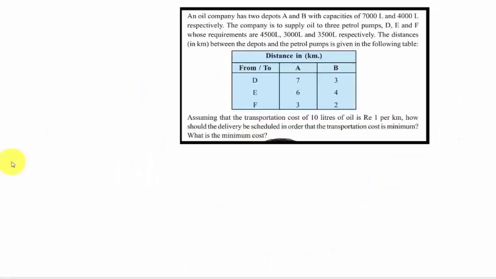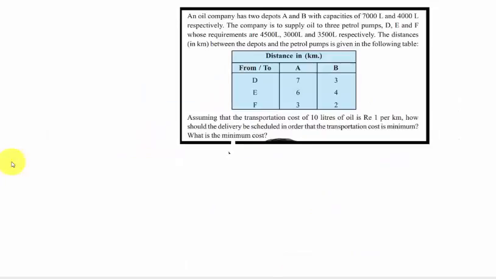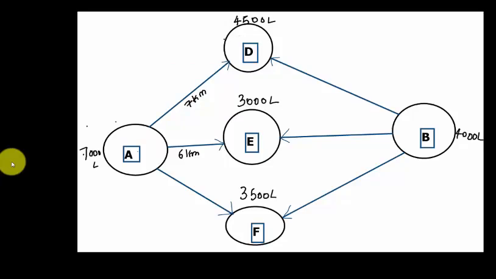The distance from A to D is 7 kilometers, so I'm going to make a note of 7 kilometers under the line here. From A to E, the distance is 6 kilometers, and from A to F, it is 3 kilometers.